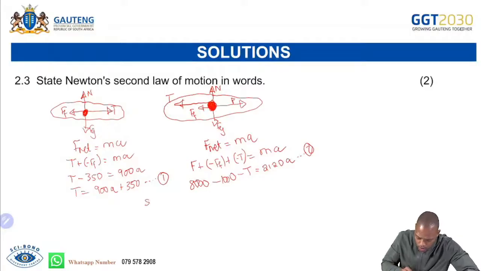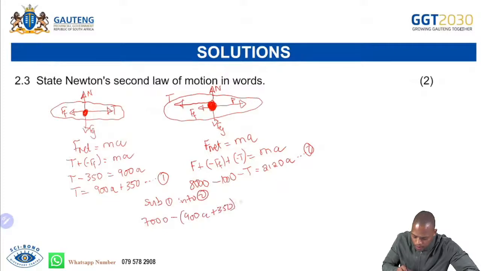So what I'm going to do, I'll say sub 1 into 2 mathematically. So that means I'm going to do 8,000 minus 1,000 is going to give me 7,000 minus T, which is now going to be 900A plus 350, close bracket, and this is going to be equals to 2120A.